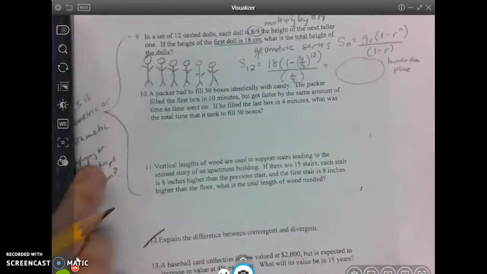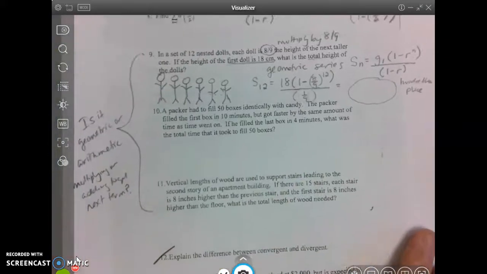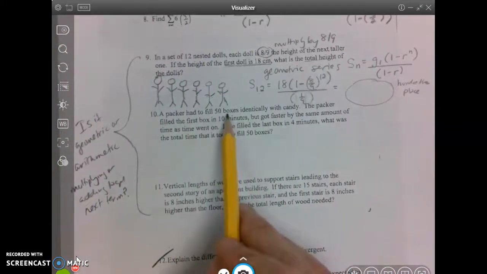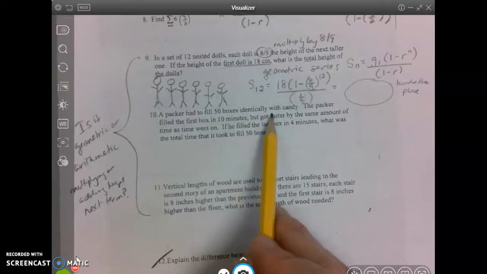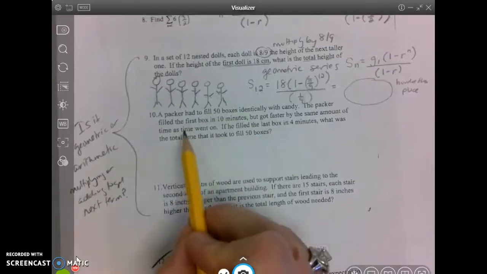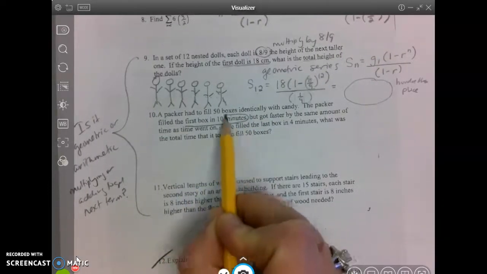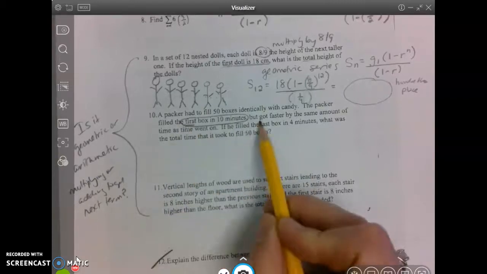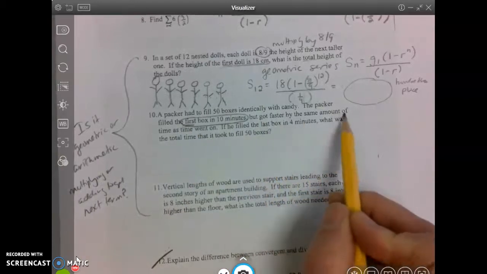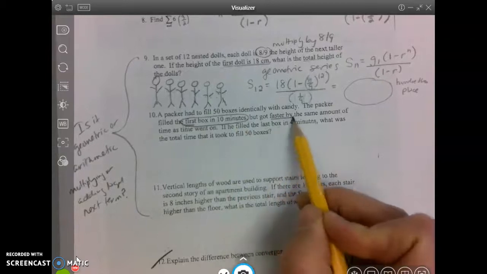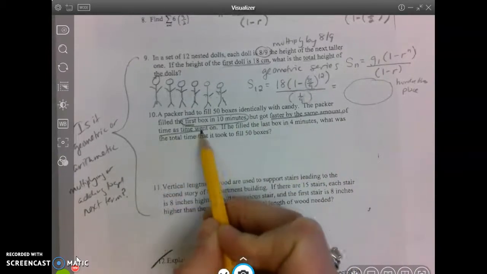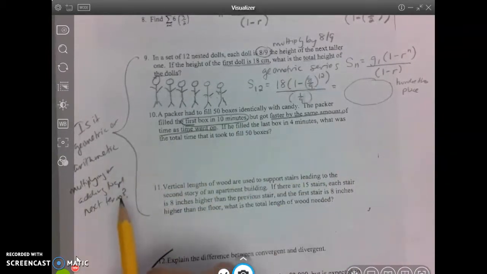Let's go to the next one, number 10. A packer had to fill 50 boxes identically with candy. The packer filled the first box in 10 minutes, okay, so we know the first term, but got faster by the same amount of time as time went on.